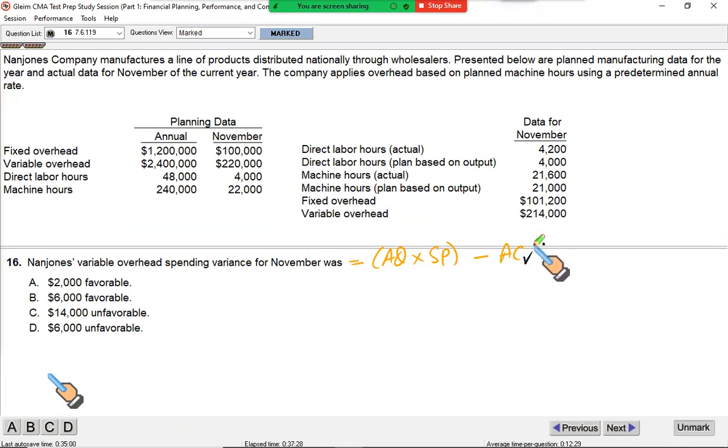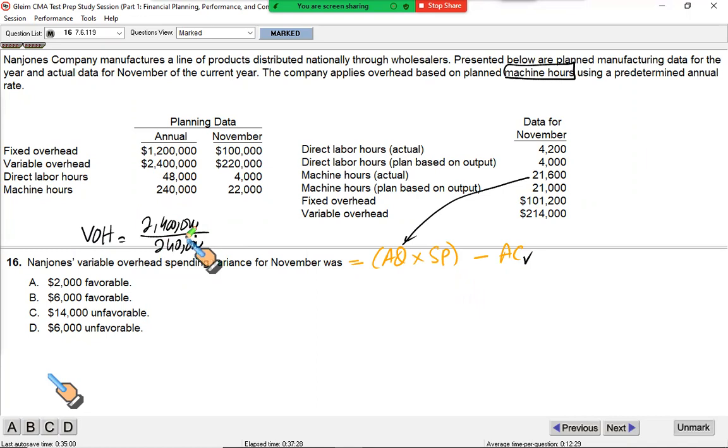Do we have the actual quantity of machine hours? Remember, our driver is machine hour. Actual quantity of machine hour is given right here. AQ, actual hours. SP, what is SP? SP is the variable overhead rate for the year. How do we calculate the variable overhead rate? The variable overhead rate is equal to the estimated variable overhead, which is 2.4 million, divided by the estimated driver, that is 240.